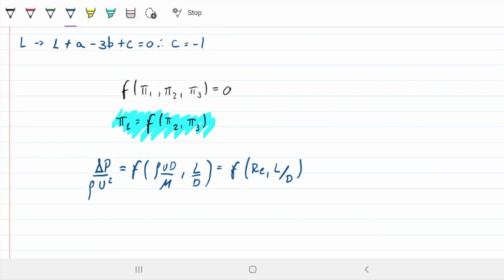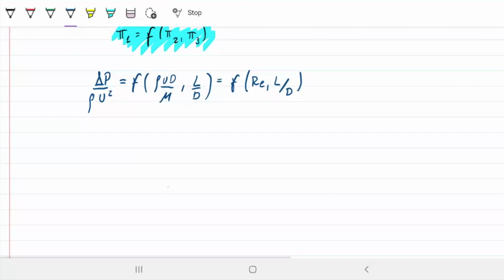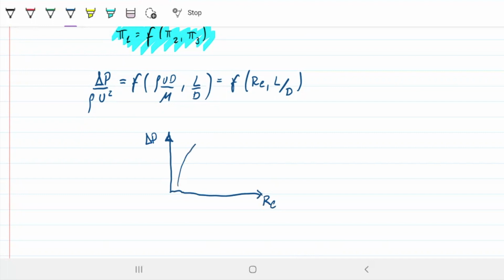Okay, so instead of doing all, if you want to find the thing for pressure drop, remember all the experiments we were talking about before? What we can do is we can relate the pressure drop with Reynolds, for instance. We can relate it to Reynolds and see what is the behavior that it has according to Reynolds with experiments. And then obviously this would be a L over D, this would be a different L over D, and so forth.